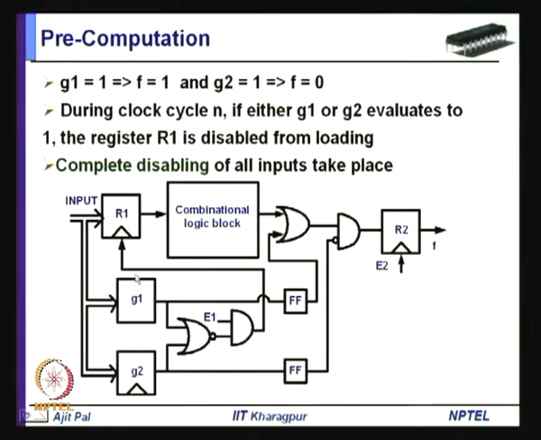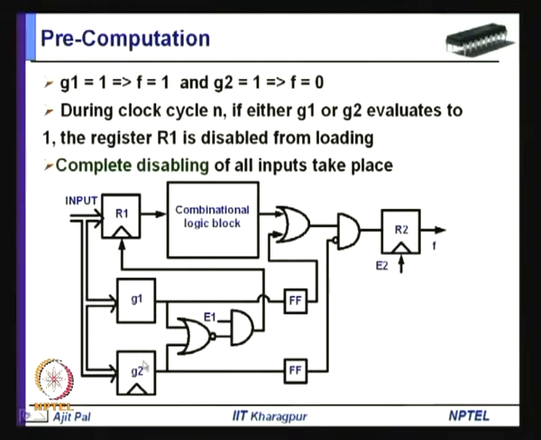So, by using very simple hardware, you are able to find that out, and G2 is 1 when f is equal to 0. So, G1 is equal to 1 and G2 is equal to 0 when this combinational circuit is 1 or 0. Now, what you can see is that you can find this out by using simpler hardware.